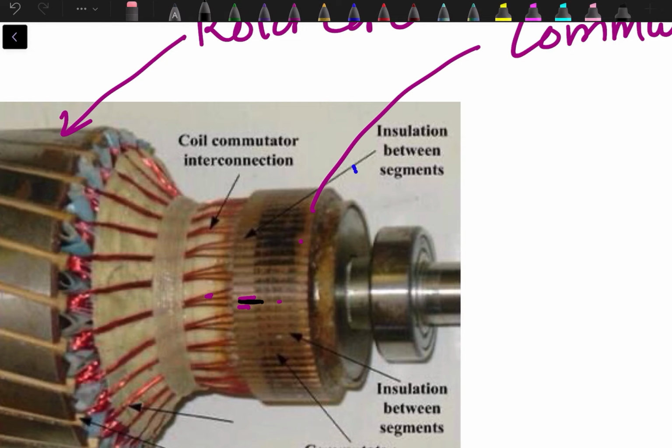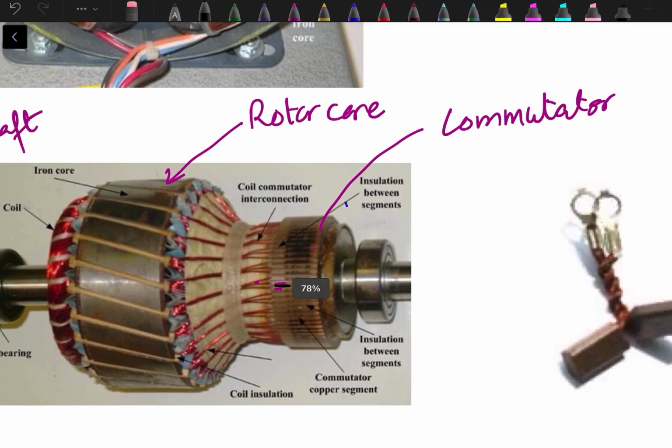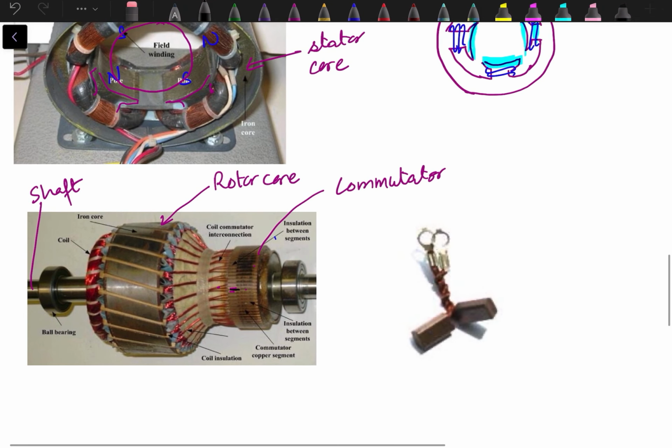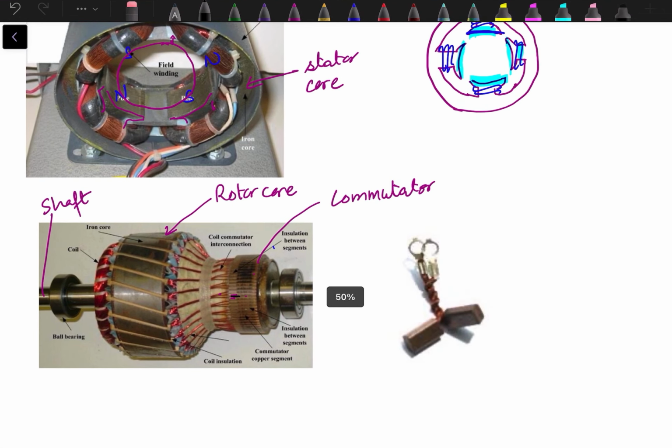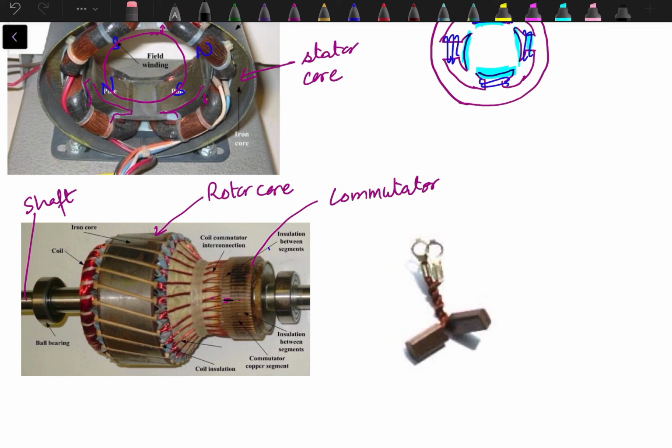So basically these are the different commutator segments which are stacked all together, and they are insulated from each other. Each commutator segment is connected with one of the armature conductors, as we see over here.